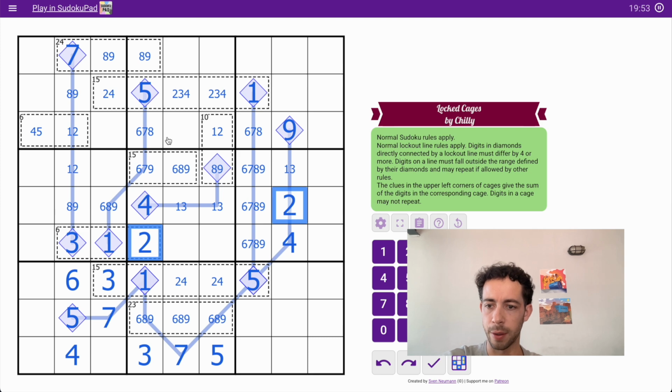Okay, probably we need to do some Sudoku. So one's in one of those two positions. But one is here. You see, just need to do some Sudoku, that's all.